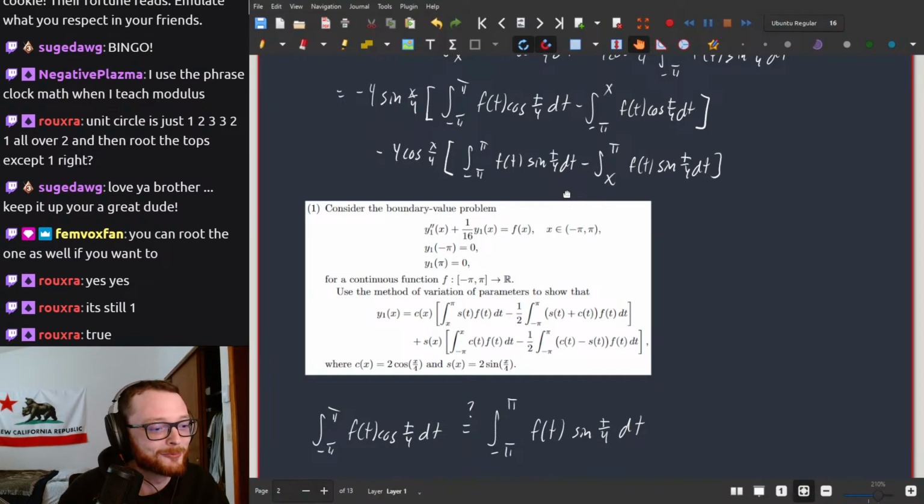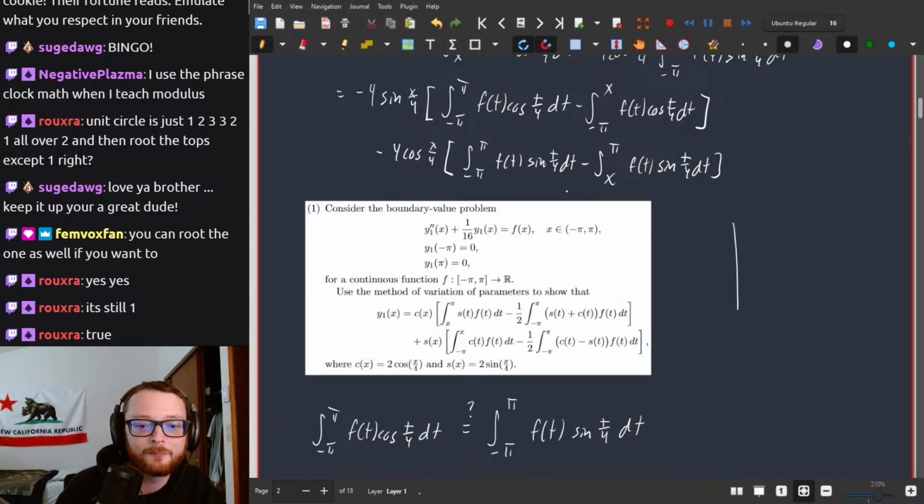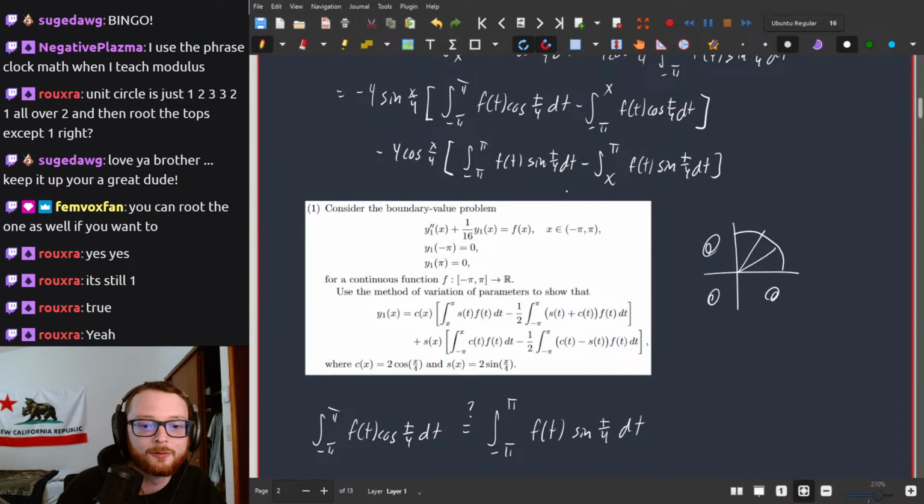Oh yeah, you can also root the one. But yeah, so that's more or less how I remember the unit circle. I only memorized the first quadrant up here, and then all the other parts I know are just mirrored, so you can kind of figure your way around it.